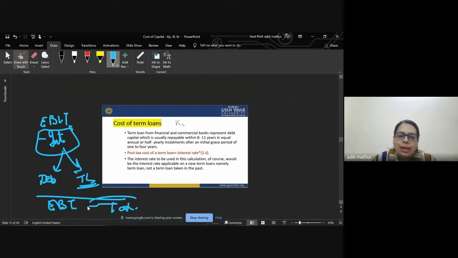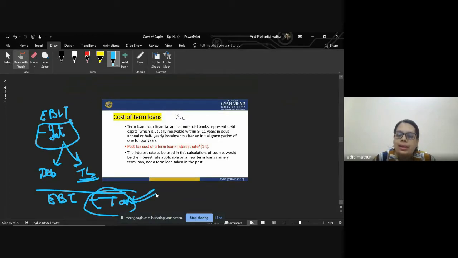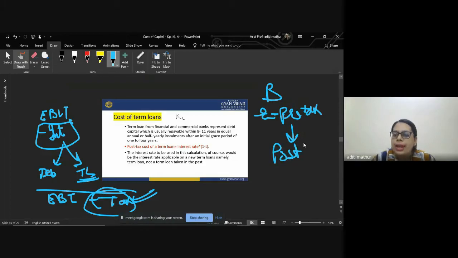So we have to take care of the tax element in it. The rates which are given to us by the bank are pre-tax. So we have to make them post-tax.